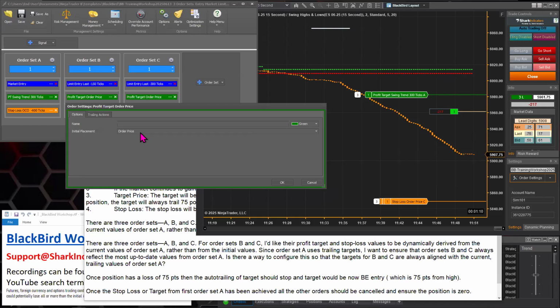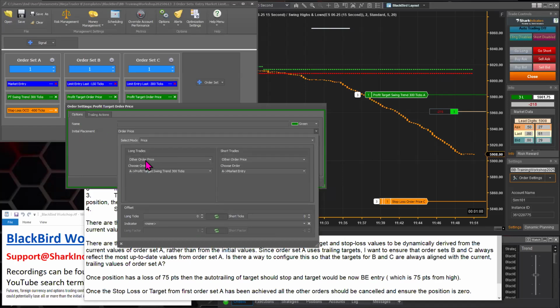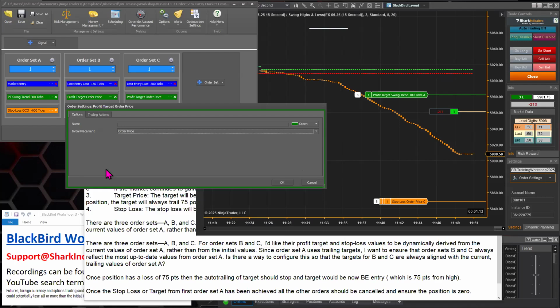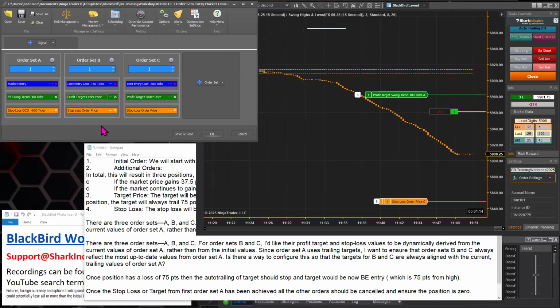For the initial placement, we are using that other order price and we're matching the profit target for A. And obviously the trailing rolls, as I mentioned before, are all exactly the same for all three profit targets.